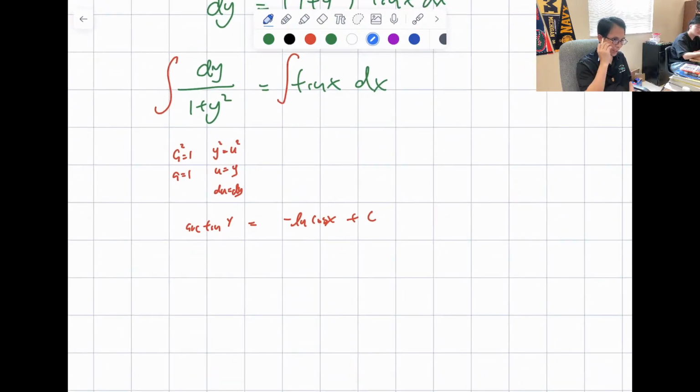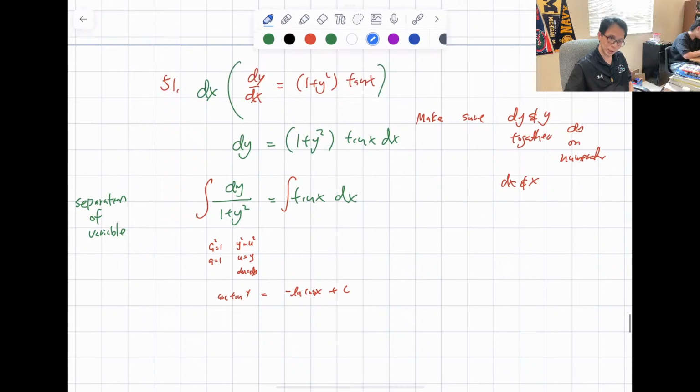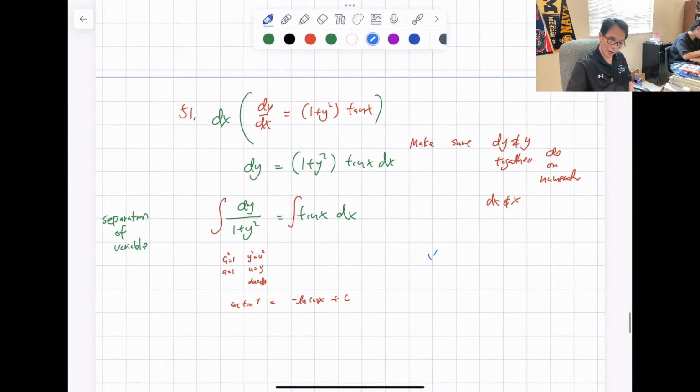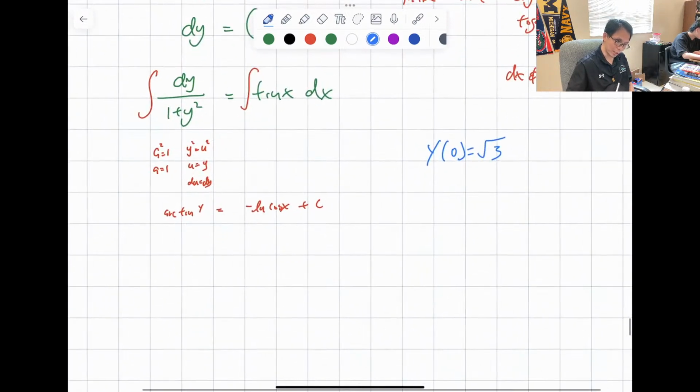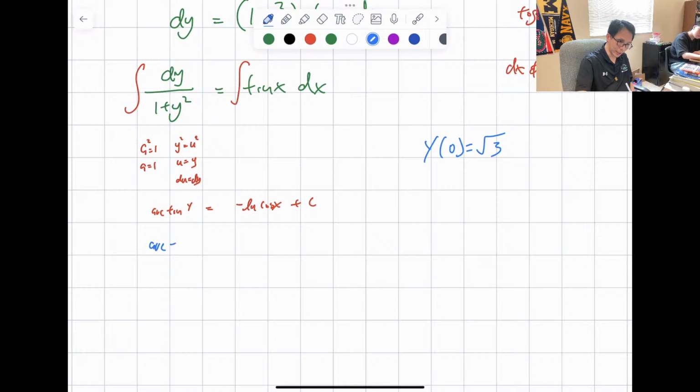So now since I got to this stage, I can actually plug in. Which value? Y of what? Root 3. Oh, I love this question. Why? Because it's going to be arctan of root 3. You have to know your trig, which is excellent. And you have to know natural log of cosine of 0 plus c.